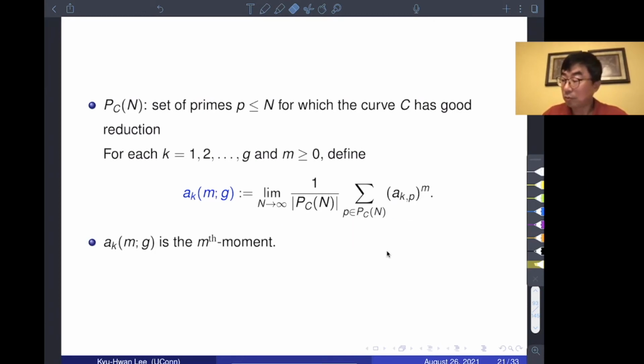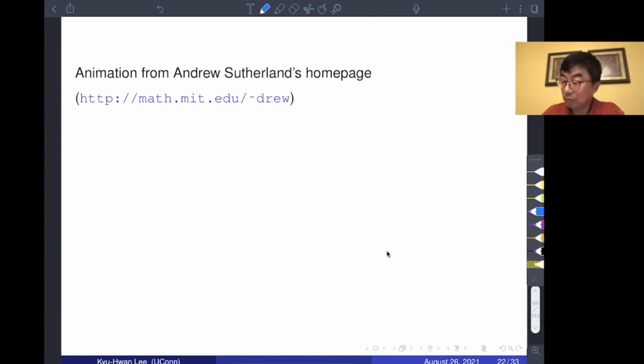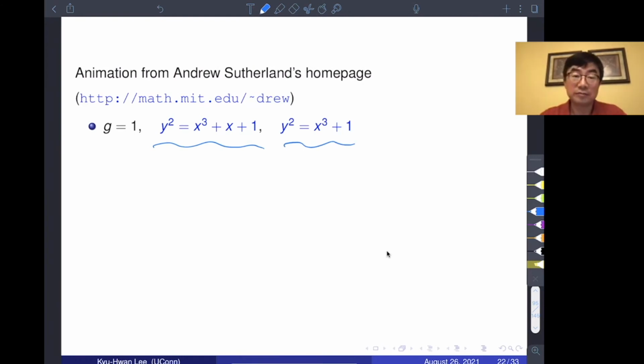If we know all the mth moments, then that describes the distribution of the numbers. If you go to Andrew Sutherland's homepage, you see the distribution for these elliptic curves.